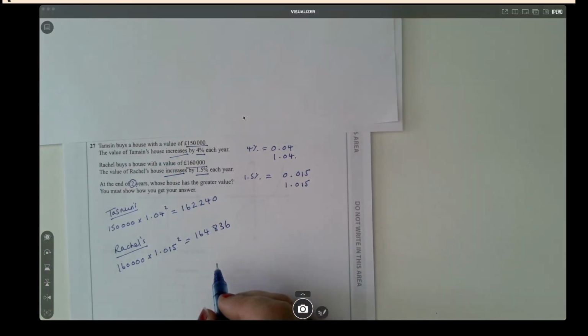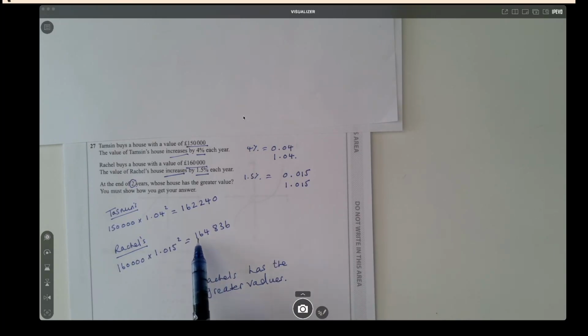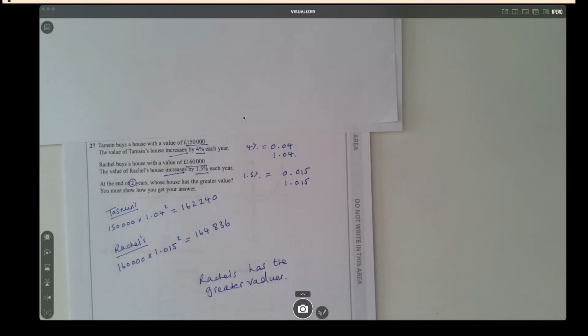Whose house has the greater value? Well, Rachel's has the greater value, because 162,240 is less than 164,836.